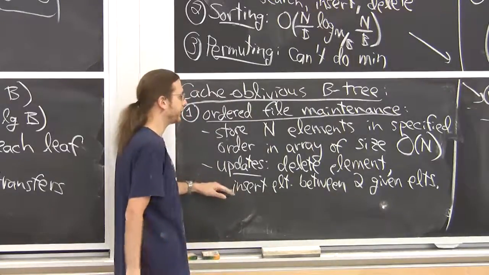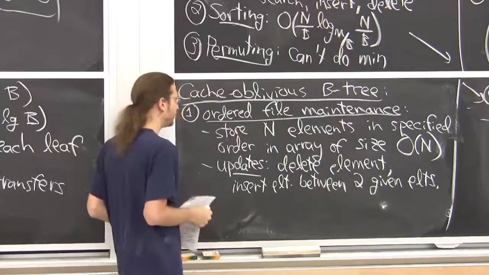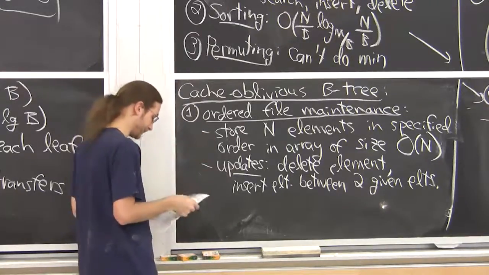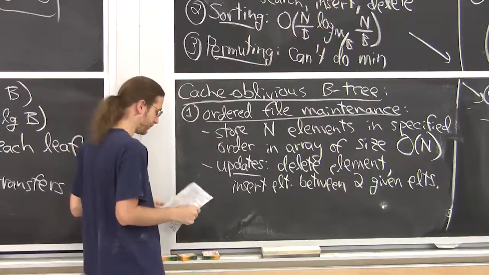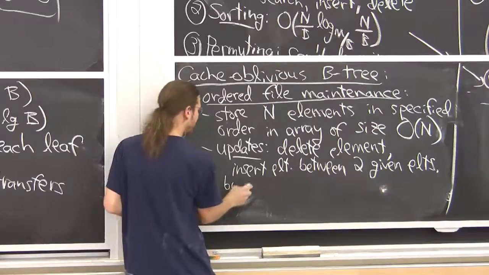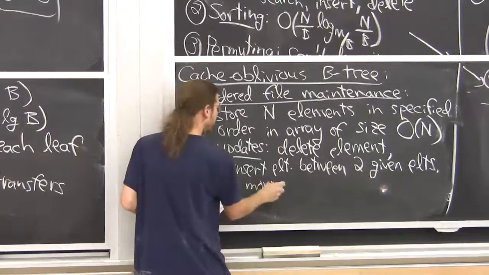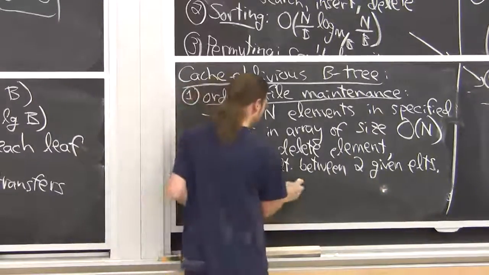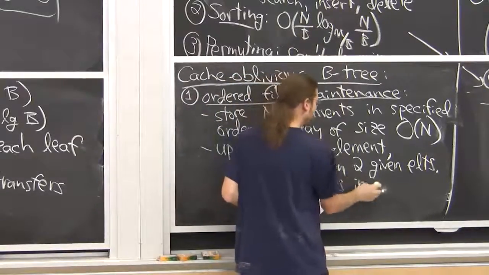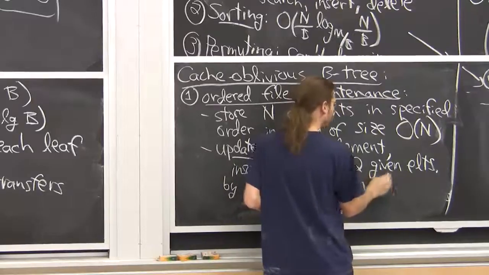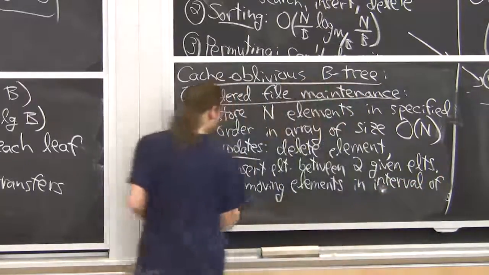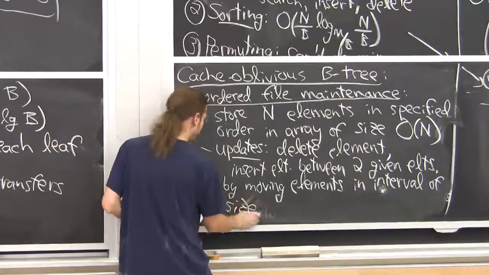I can insert a new item in between 2 given items in the linked list. But now it has to be stored in a physical array of linear size. Now, we can't do this in constant time. But what we can do is move elements around.